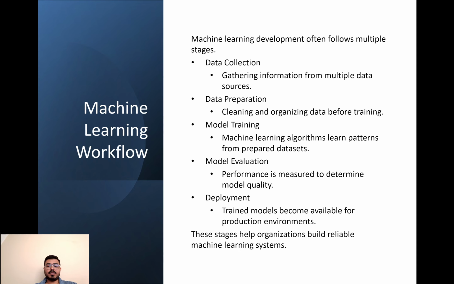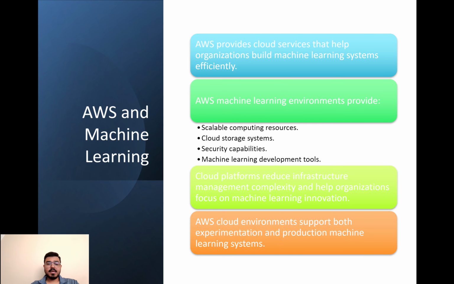After training, model evaluation happens. Performance is measured to determine model quality. The final stage is deployment. Trained machine learning models become available for production systems. These stages help organizations build reliable machine learning environments. Let's move to the next slide.